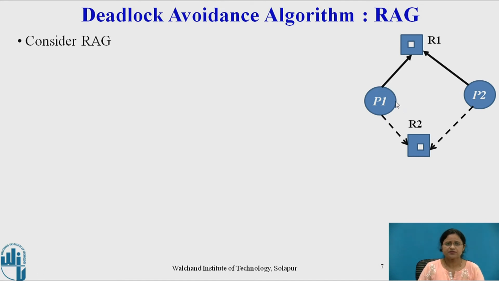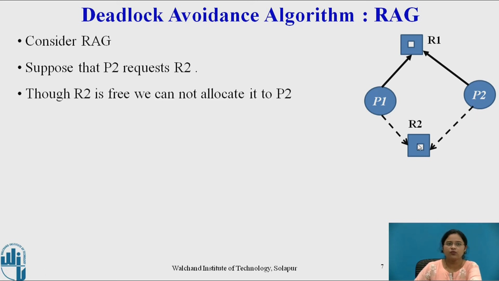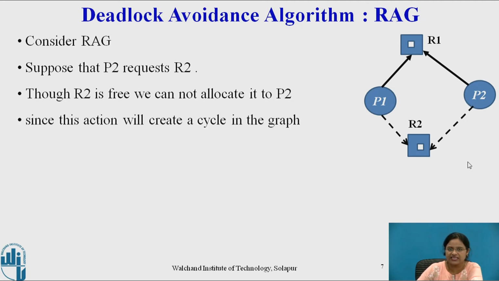Okay. So, this is the basic condition. Now, consider that P2 makes a request for R2. Okay. Now, if P2 makes a request for R2, though this R2 is free, we cannot allocate R2 to process P2. Why? Because we can see here it may create a cycle in the graph.